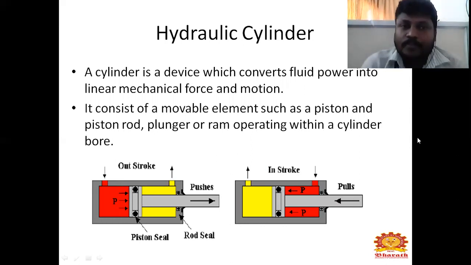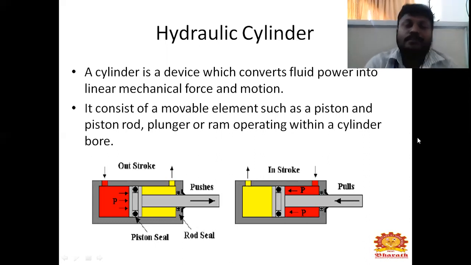A cylinder is a device which converts fluid power into linear mechanical force and movement. As we said, it is used for linear actuation, from front to back, and it is used to move forward and backward.